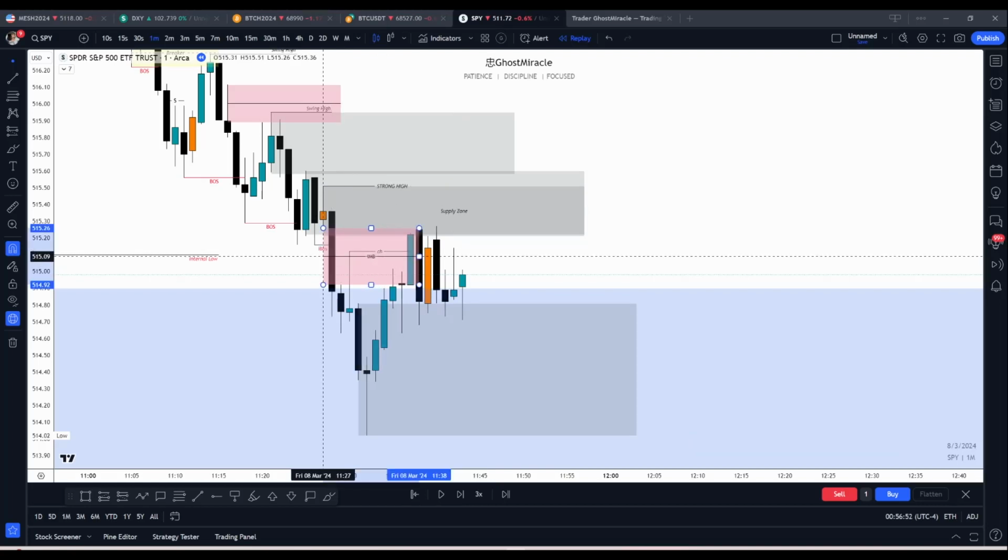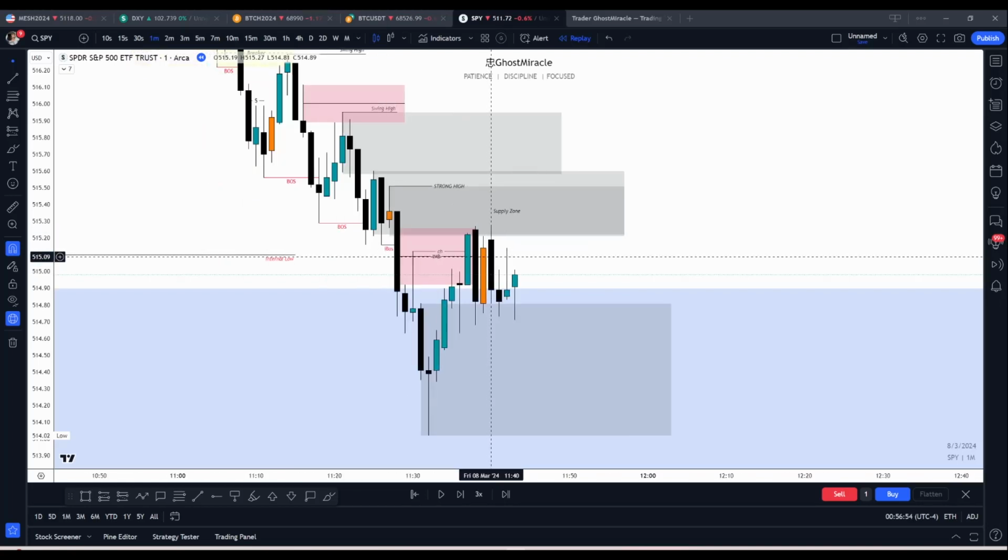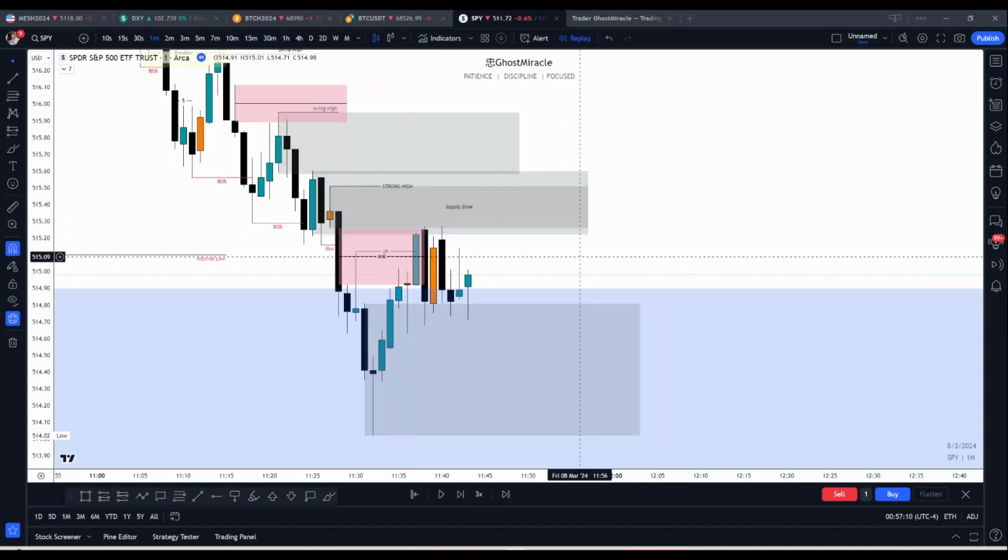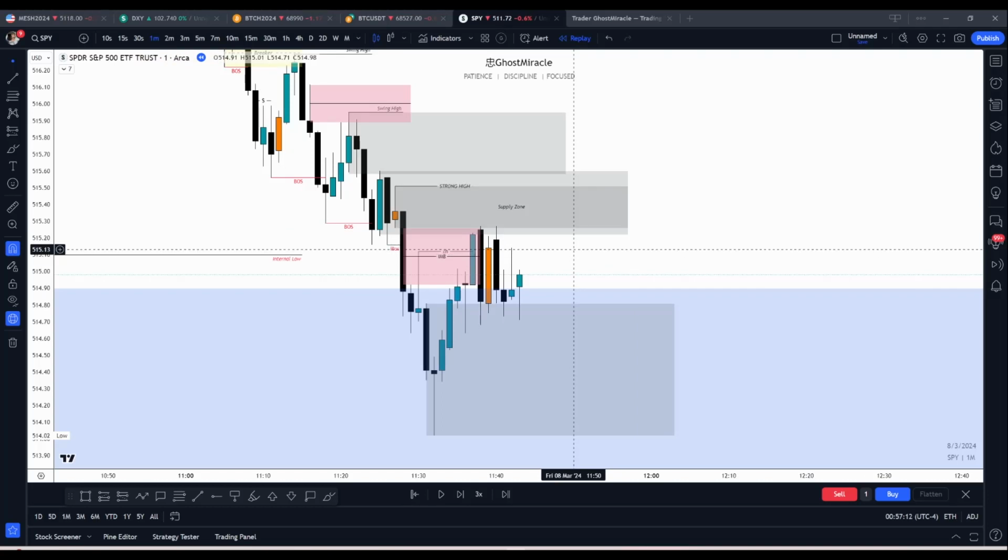It didn't mitigate anything. It only filled up to the 50%. But then later on, it still broke this low, but this high was still broken for price to mitigate this supply area here.